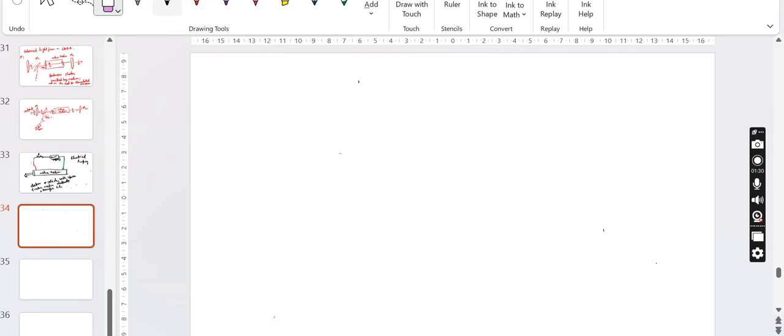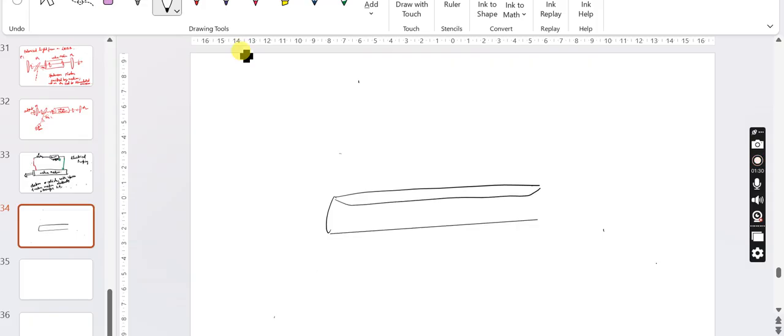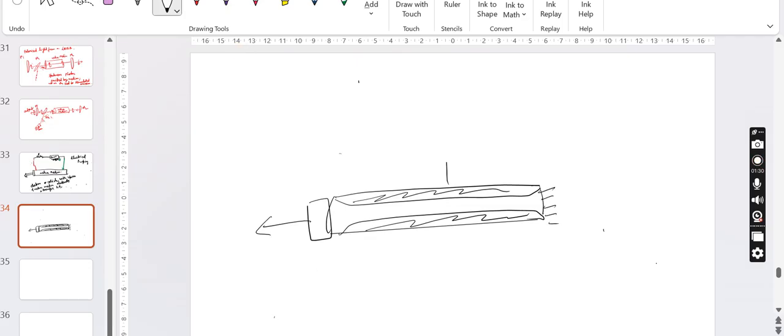The electrodes are placed like this. This is the output mirror, this is the output, and this is the fully reflective mirror.